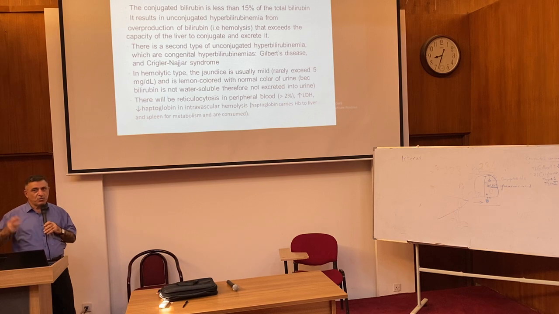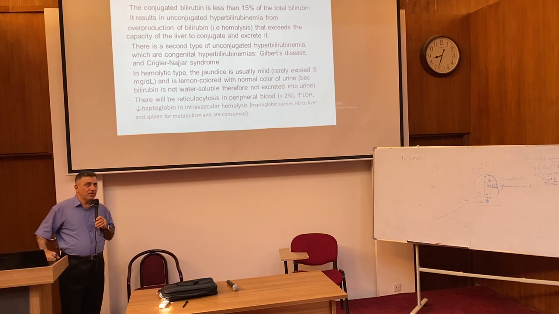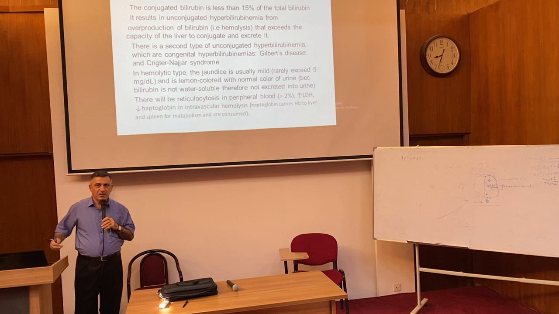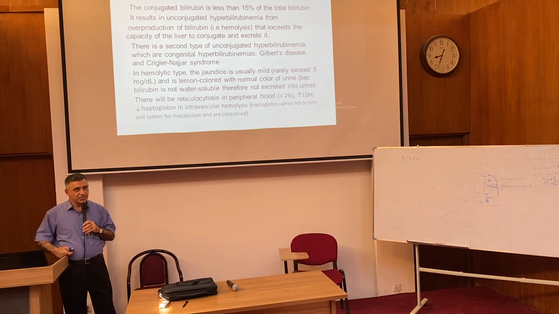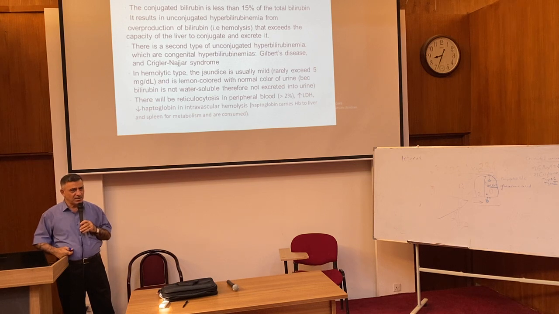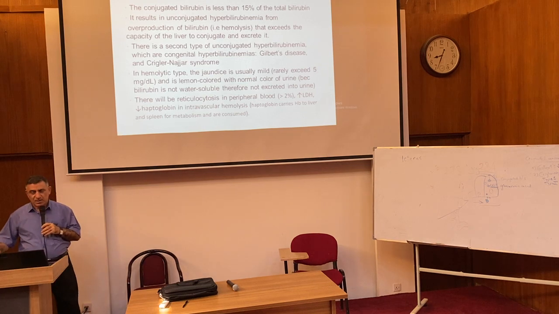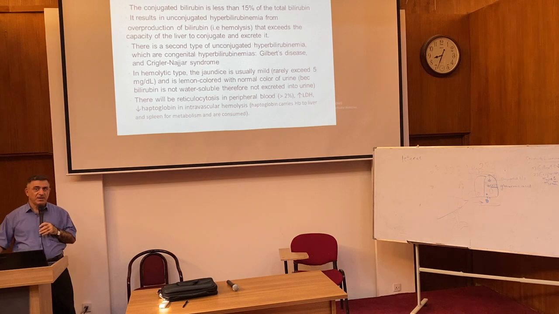Reticulocytosis is due to hemolysis or bleeding, because bleeding also causes loss of RBC. Clinically, if there is no bleeding and there is reticulocytosis, hemolysis is suspected. There is increased LDH.